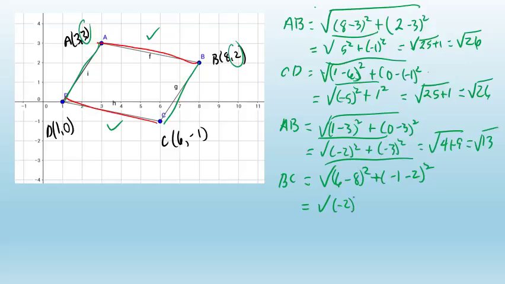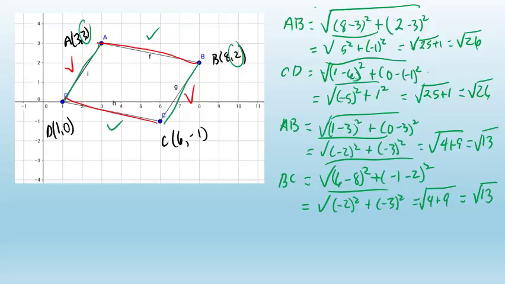So now we got negative 2 squared plus negative 3 squared. And negative 2 squared is 4. And negative 3 squared is 9. And we do, in fact, have the square root of 13. And so this is congruent to this.